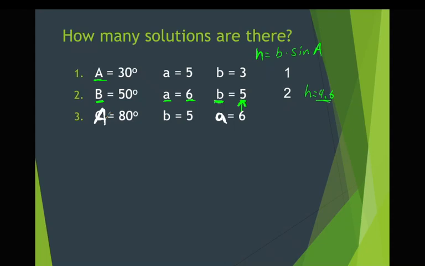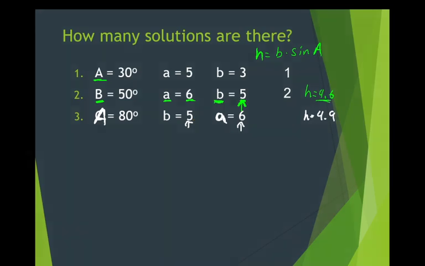I've got an acute angle, so I plug in 5 times the sine of 80, and it gives me my height, which is 4.9. So this is bigger than the height, and it's bigger than my other side, which means there's only one solution. Okay, that's all we're doing. We're doing this just over and over again.